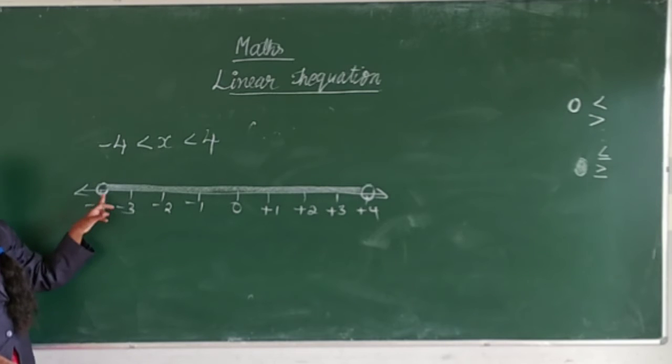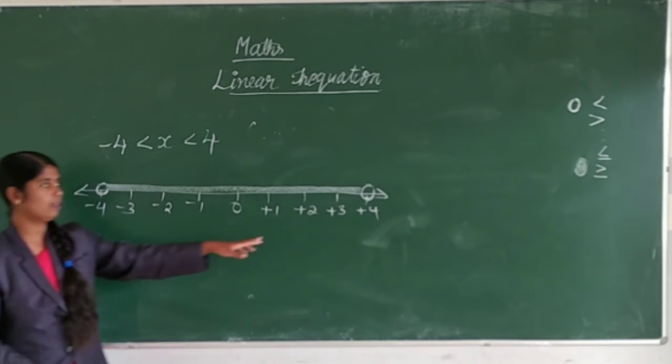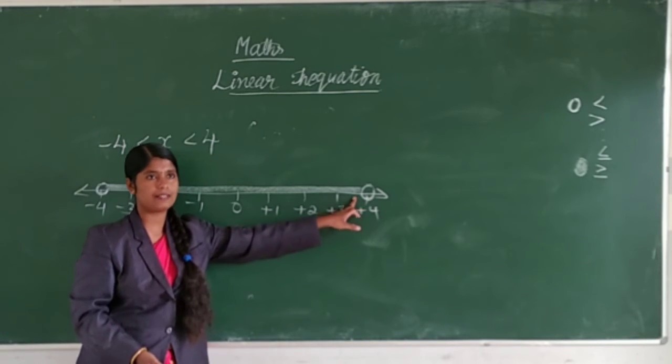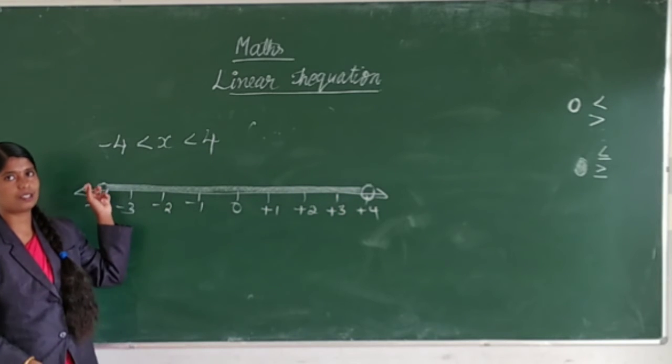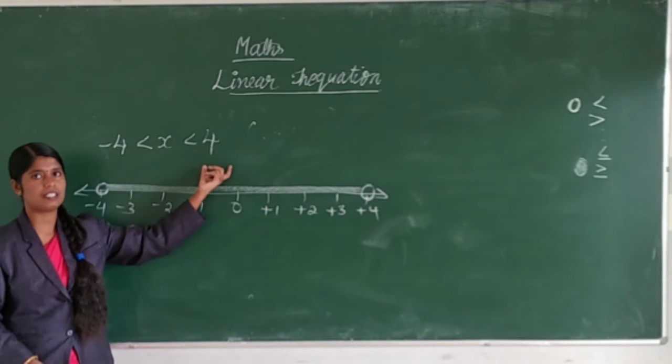So mark a hollow circle on minus 4 and a hollow circle on plus 4. Then just join these two, because the x value is in between these two.